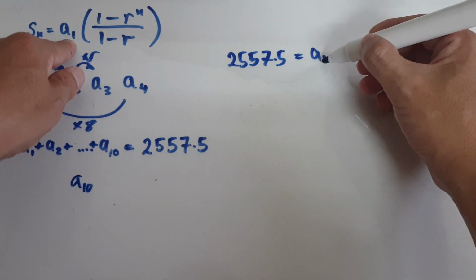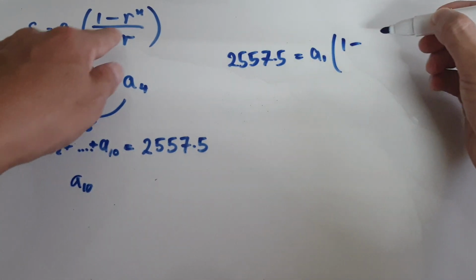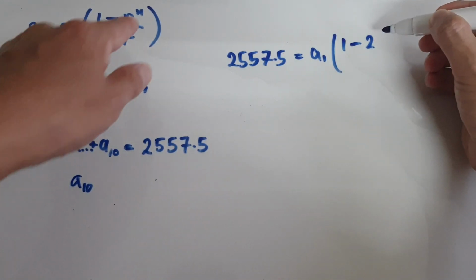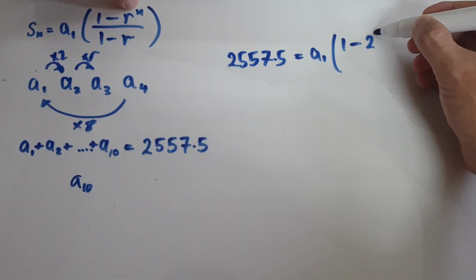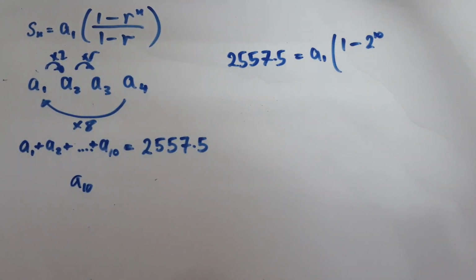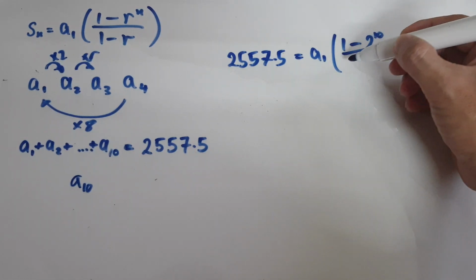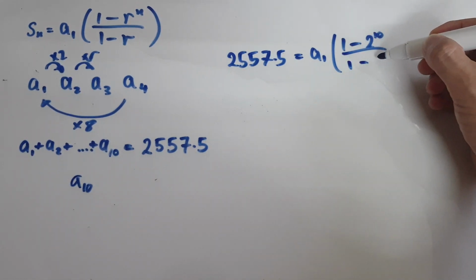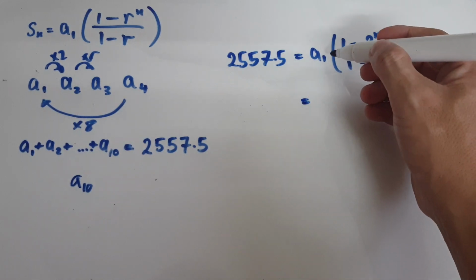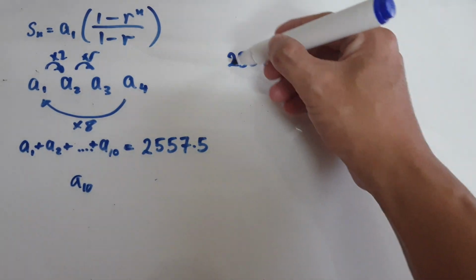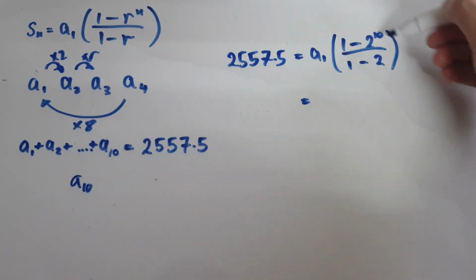So we want to find A1. 1 take away the common ratio, 2, to the power of n. In our case, n is 10, divided by 1 take away 2. And now it's just a matter of finding A1. So you get this divided by this, and don't forget this is just a number.